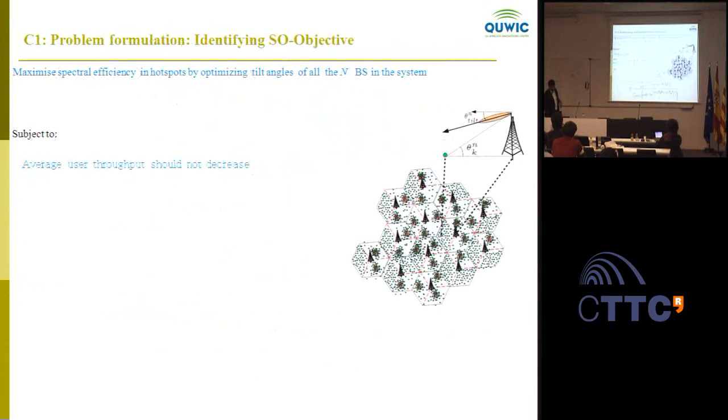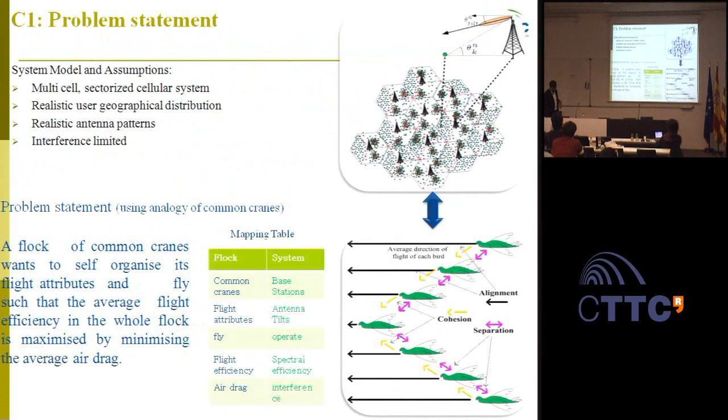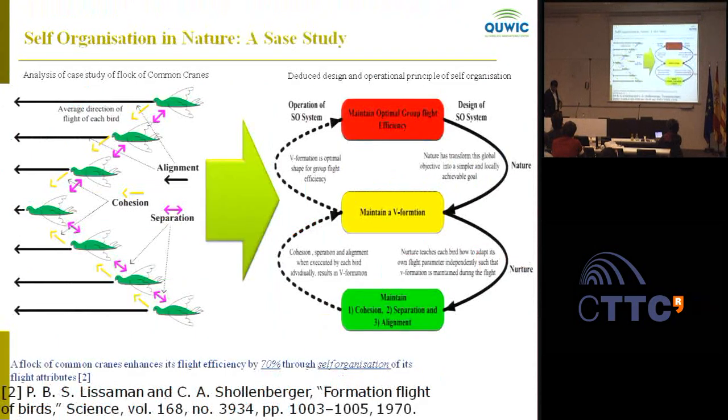But just by flying roughly in V formation, as I mentioned, they are able to achieve almost 70% gain in spectral efficiency. And the interesting observation is that, if you read this paper, you'll see that they observe only their two immediate neighbors to determine what separation, cohesion and alignment they should carry out. This bird is only able to observe these two neighbors, line of sight.